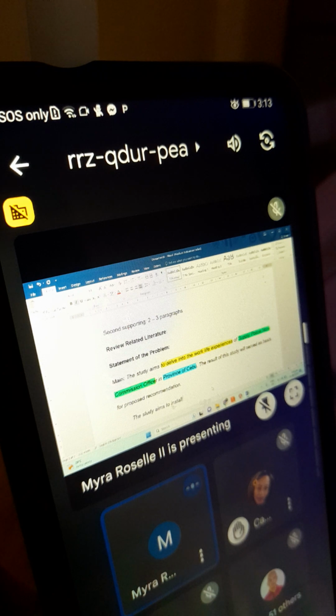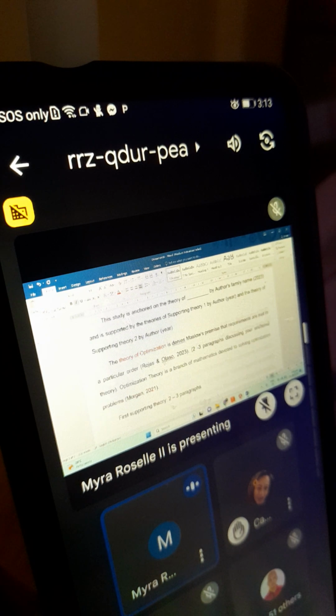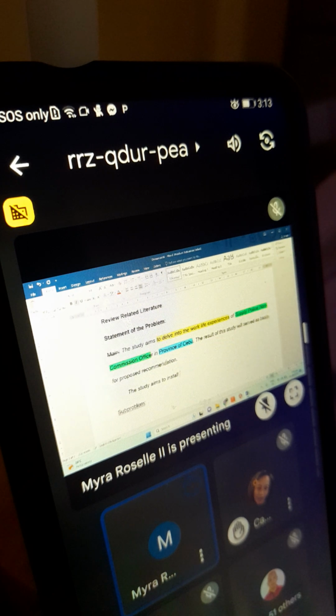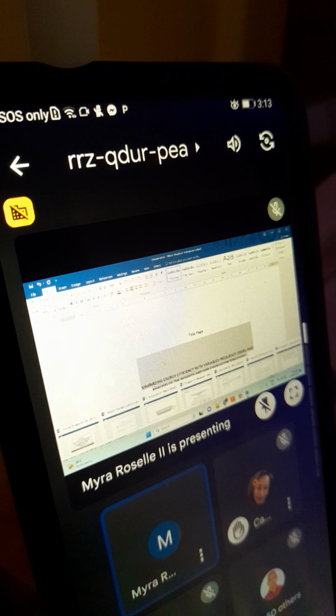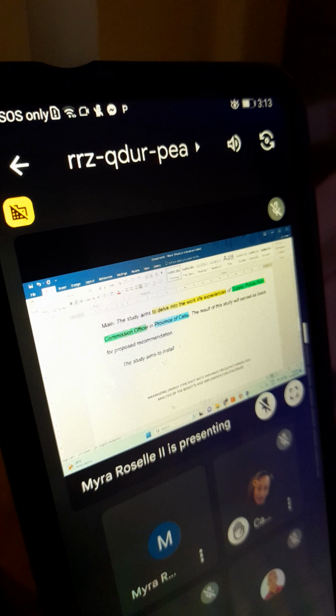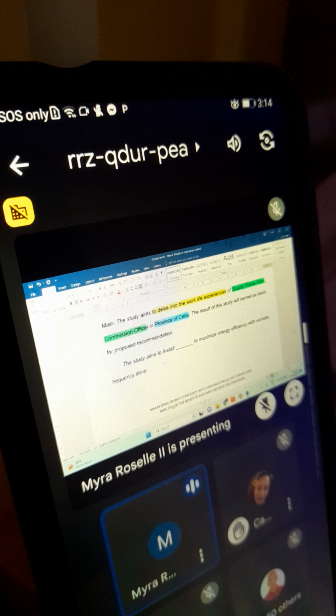Installation, to install, what you will install, to maximize energy efficiency with a variable frequency drive. Look at it. Sir Lumayag, we will edit your title.